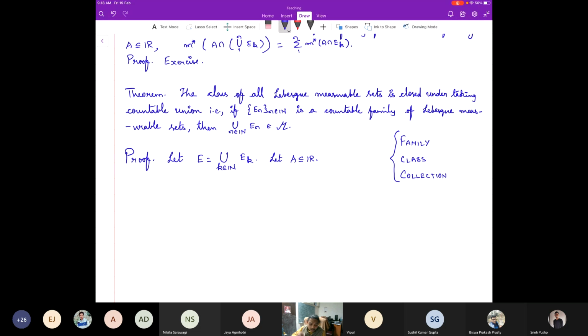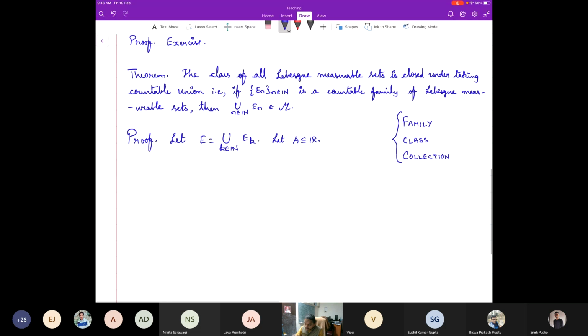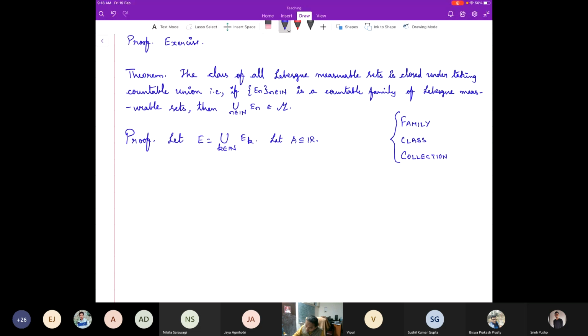Now, this is one of the important constructions that we are going to see. Let me call A1 as E1, and then An as En minus the union of Ek, k running from 1 to n minus 1.